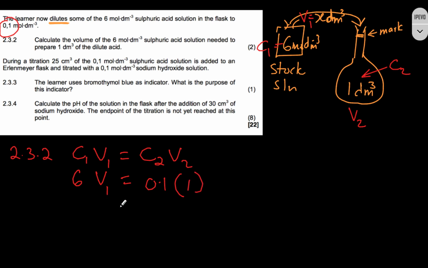So if we rearrange this, the initial volume that we need to add into a 1 dm cube container for that standard solution to be 0.1 is going to be exactly 0.02 dm cube.